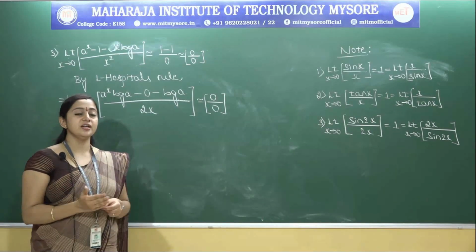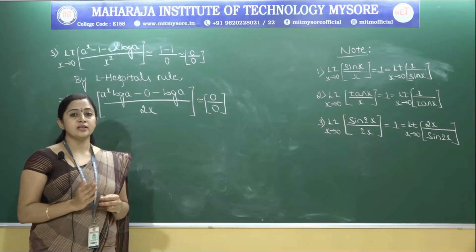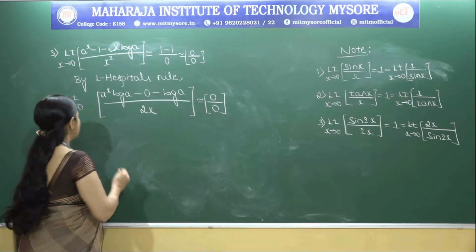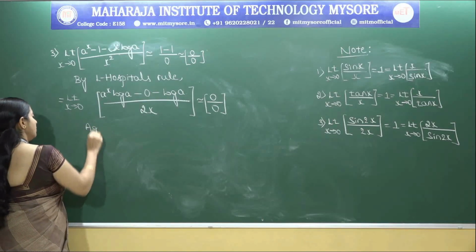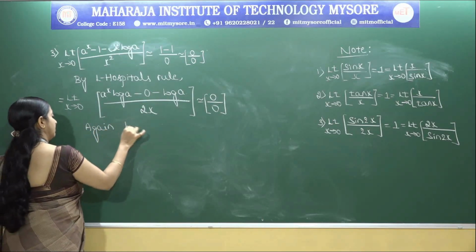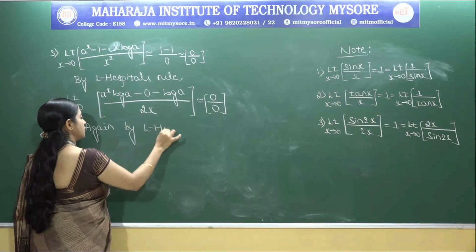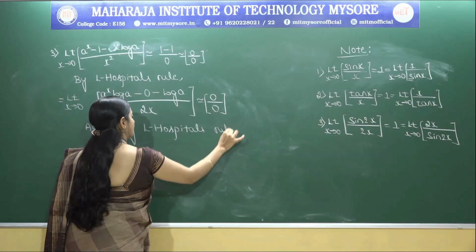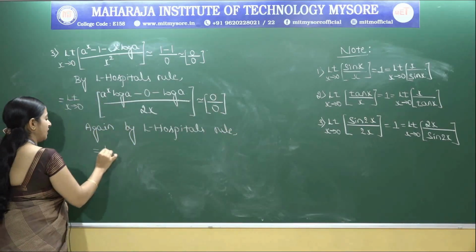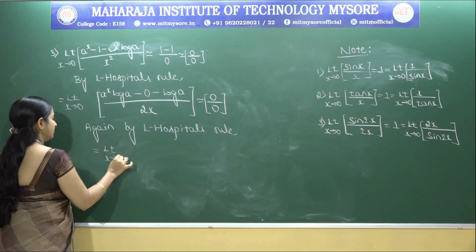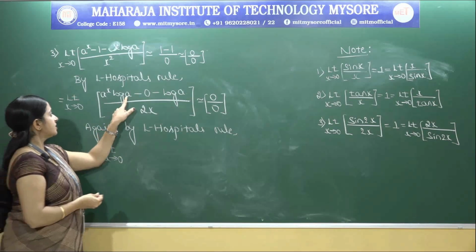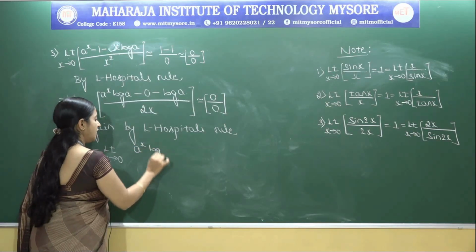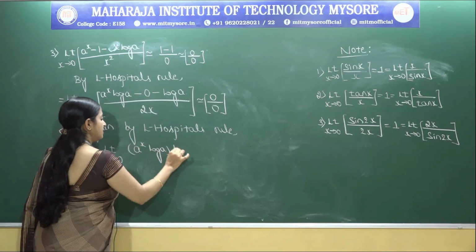So keep on differentiating till you get the real value. Since you got 0 by 0 again, you apply the L'Hospital rule once again. You differentiate the numerator and denominator. Here the log a is a constant, keep the log a as it is. A power x differentiation is a power x into log a.